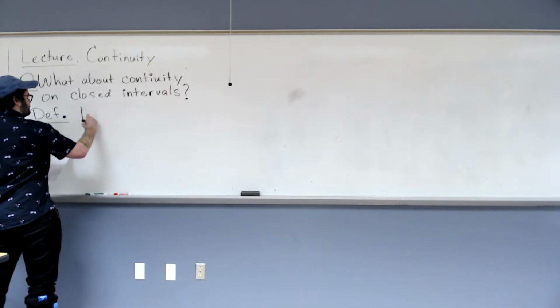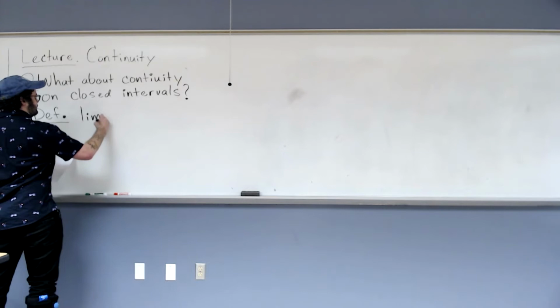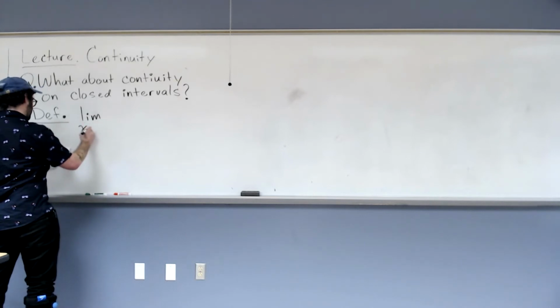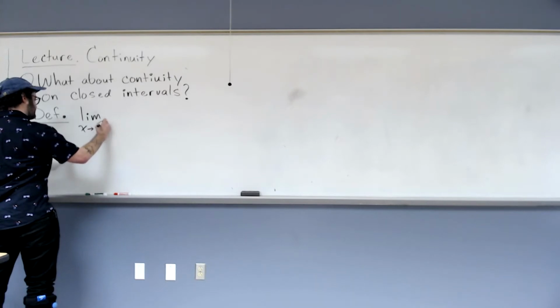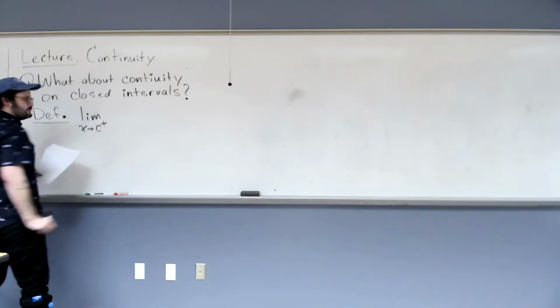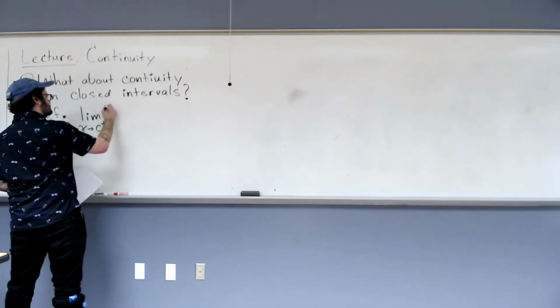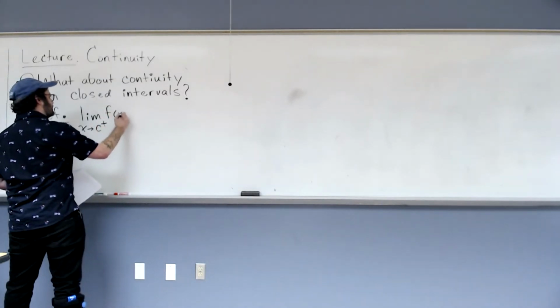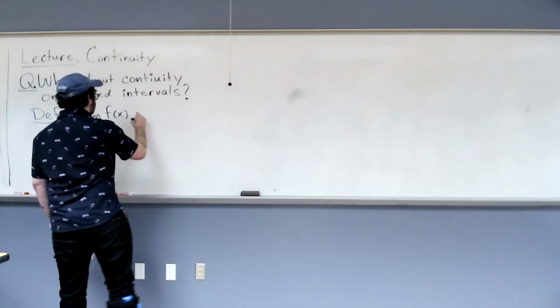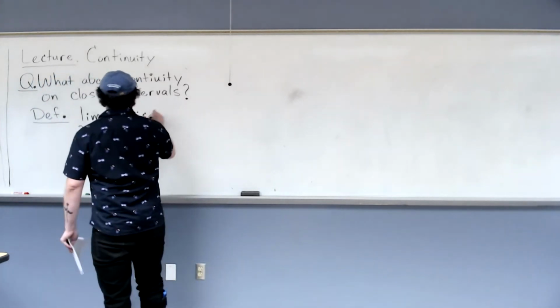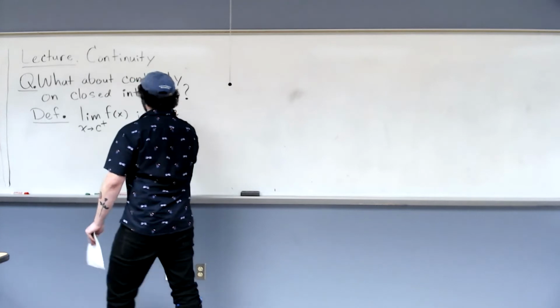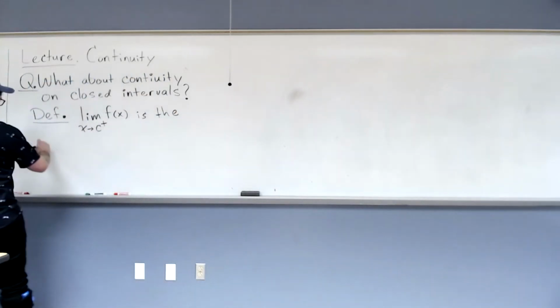There's two parts. The limit as x approaches c with a superscript plus sign of f of x is the right-hand side limit.